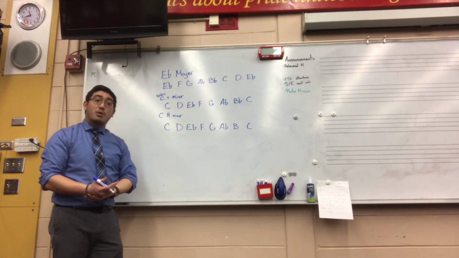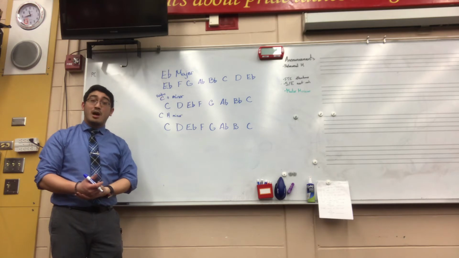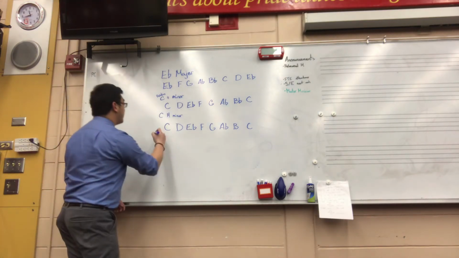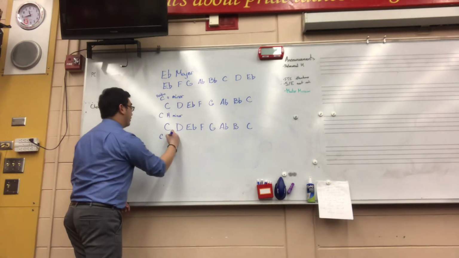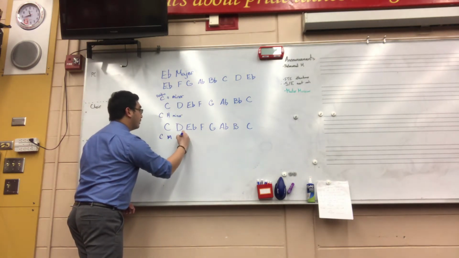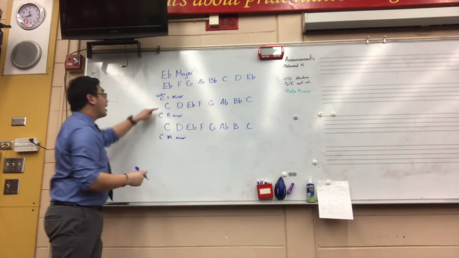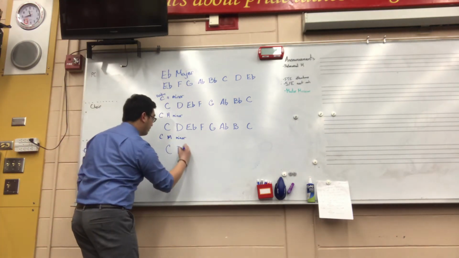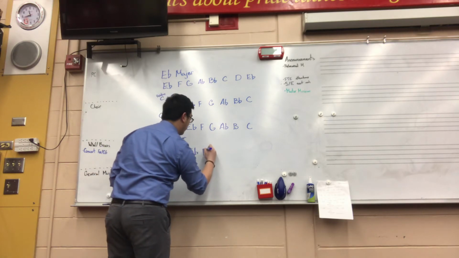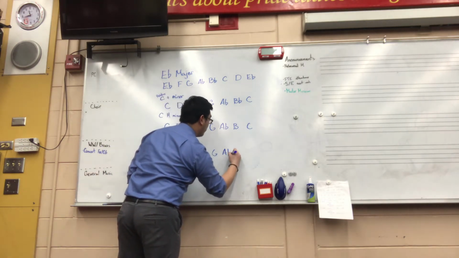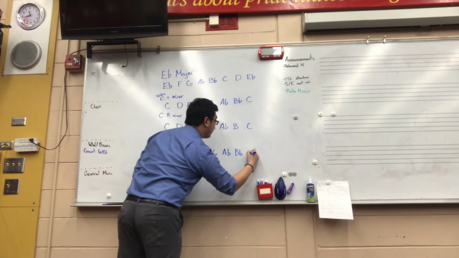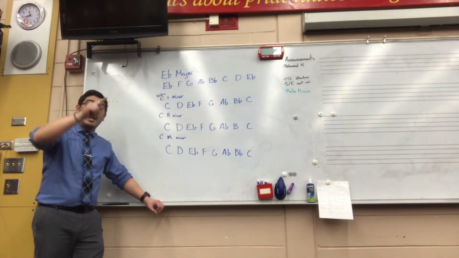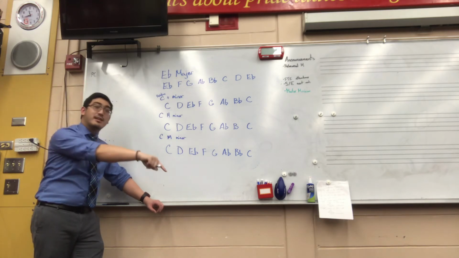The next form of the minor scale is the melodic minor. We are still working on relatives, so this is also C melodic minor. We're going to copy the natural minor scale. The melodic minor changes from the ascending portion to the descending portion.